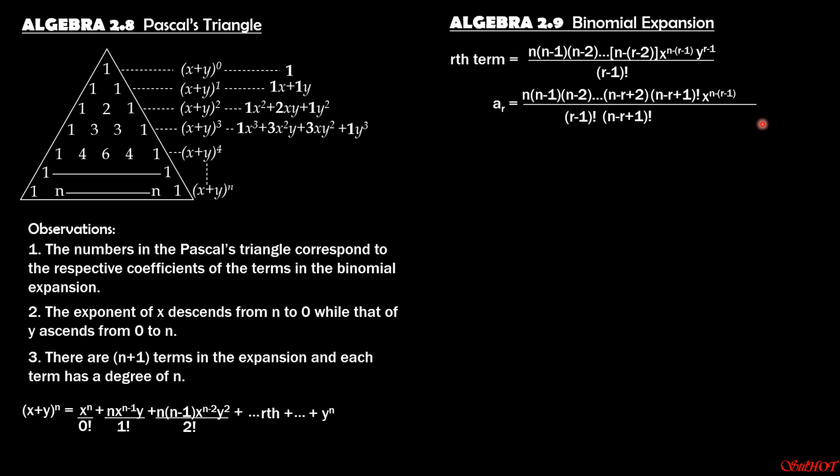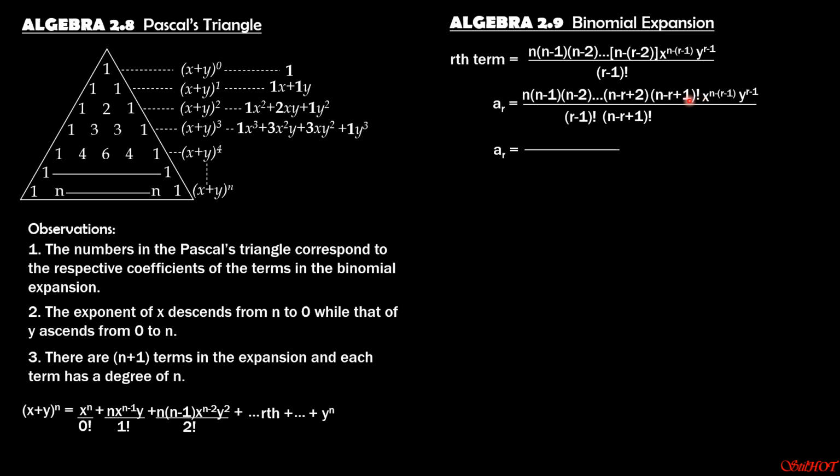So notice that this product n times n minus 1, n minus 2, dot, n minus r plus 2 times quantity n minus r plus 1 factorial. So it is like, if n is 10, for example, it is like 10 times 9 times 8 times 7 times 6. Let us say this is times 5, and this is 4 factorial.